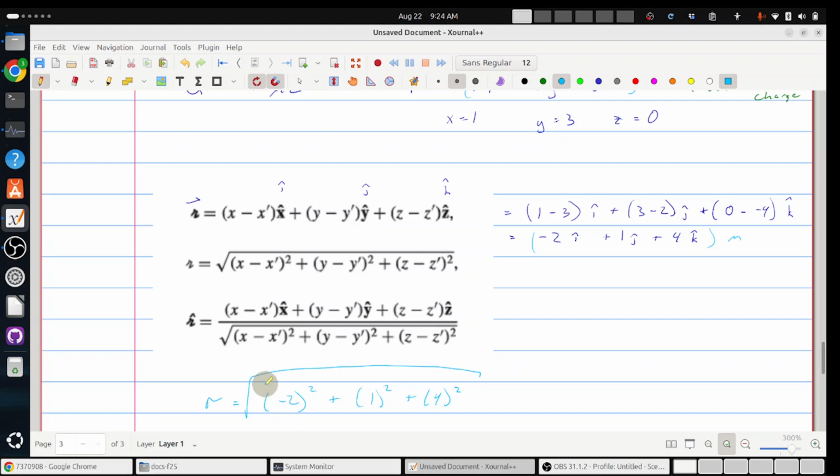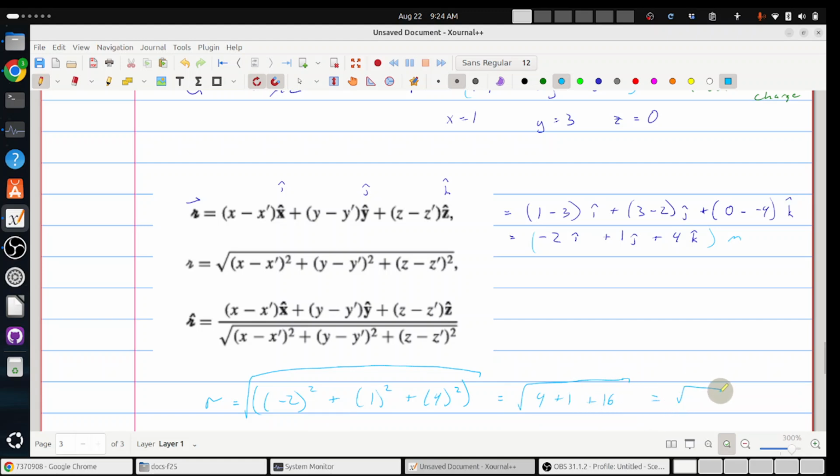And then I take the square root of that entire thing. Which I can do part of these numbers in my head. 2 squared is 4, 1 squared is 1, and 4 squared is going to be 16.